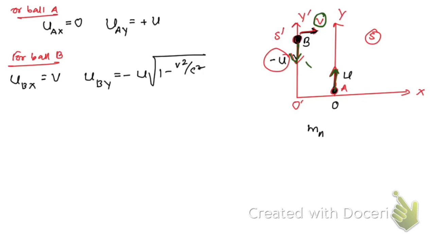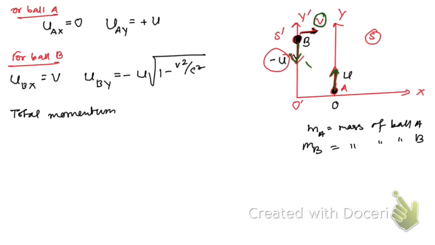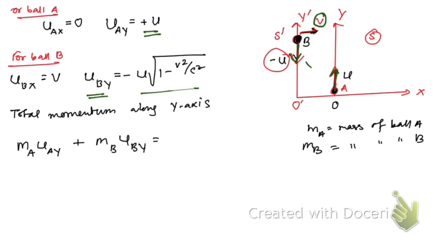If ma is the mass of ball A and mb is the mass of ball B, then the total momentum along the y-axis is ma uay plus the momentum of ball B, mb uby. That is going to be equal to, so uay is plus u, and uby is this. So let's put these values.